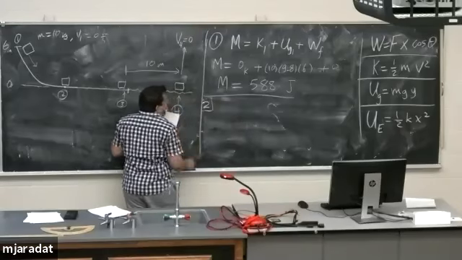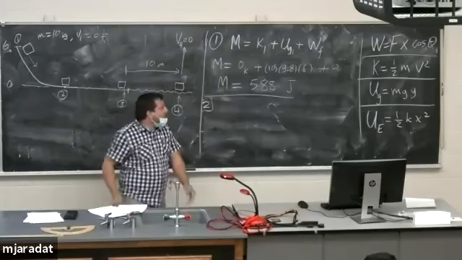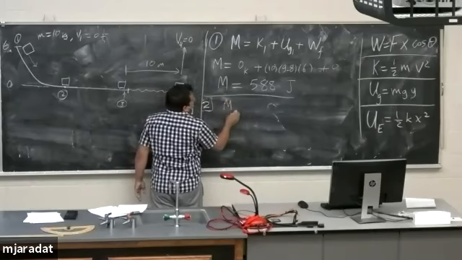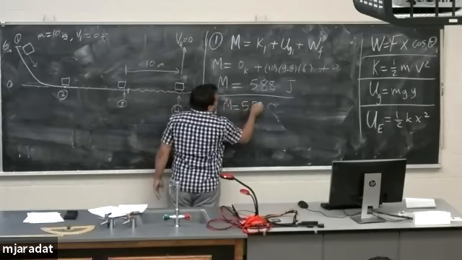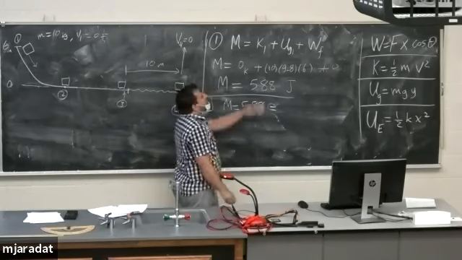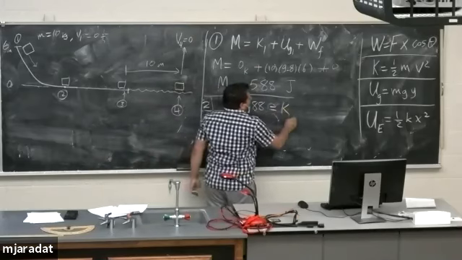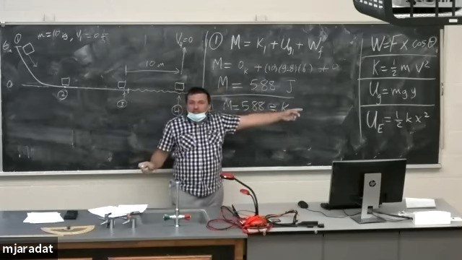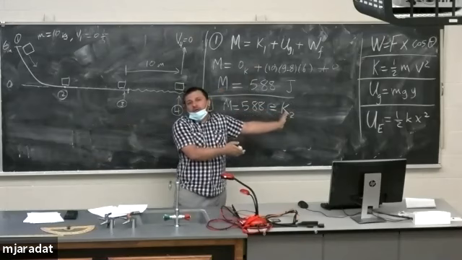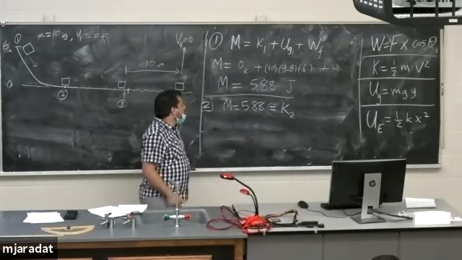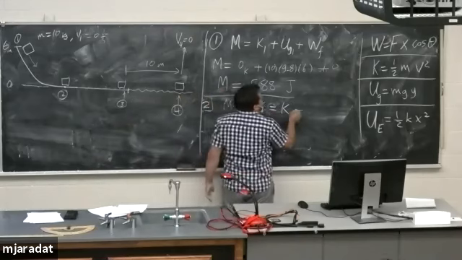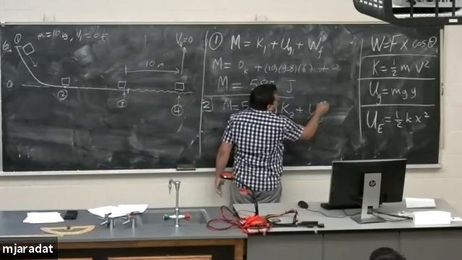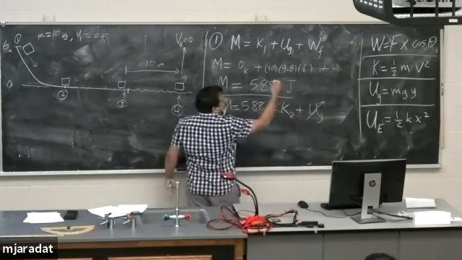Point number 2. It is more simple, just like what we did before. The mechanical energy is equal to 588. It is equal to the kinetic energy at point number 2. Take care. We can find the velocity here as in the previous example, but we didn't do that. Plus, how much is the potential energy due to gravity? Because the altitude is zero, the potential is zero.